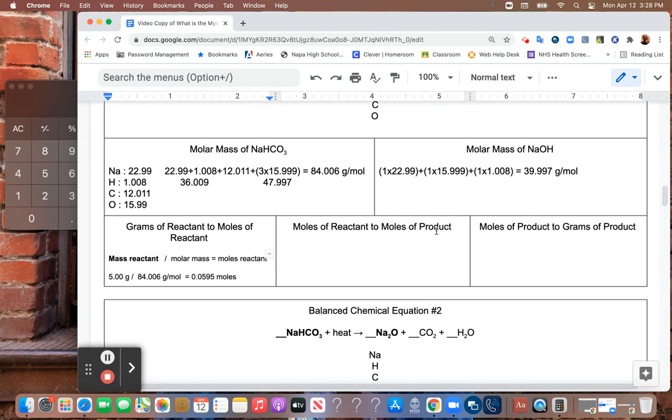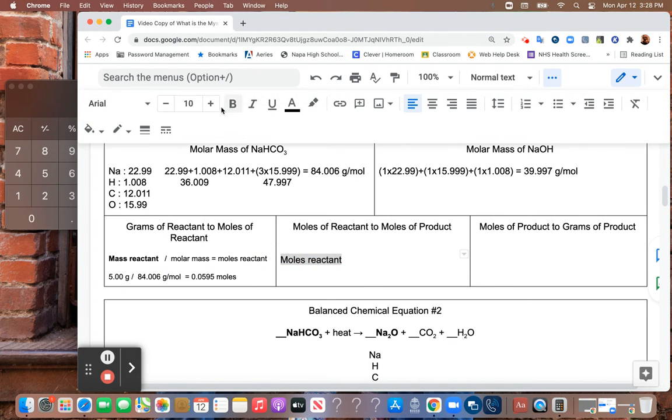Next up, moles of reactant to moles of product. Well, here we're going to take the moles of reactant, and let's go ahead and make this the appropriate size while we get the chance. We're going to do something with the mole ratio, and that's going to equal the moles of product.